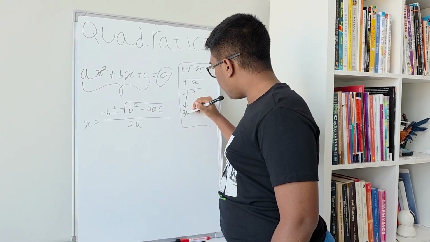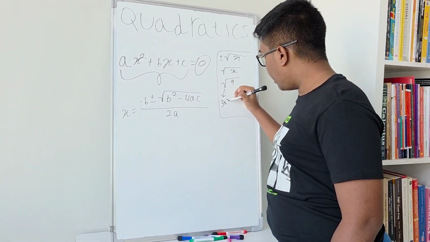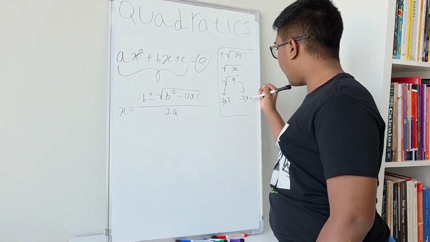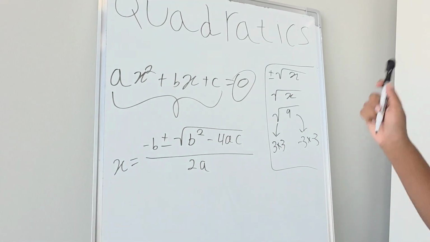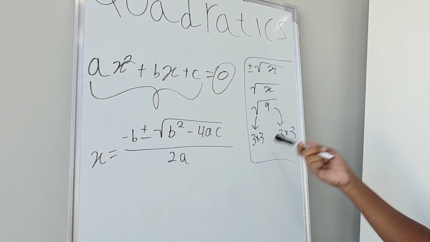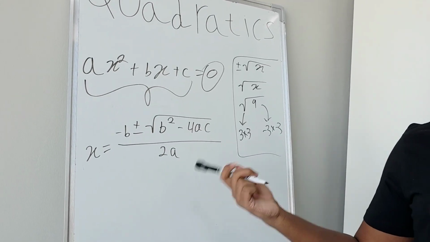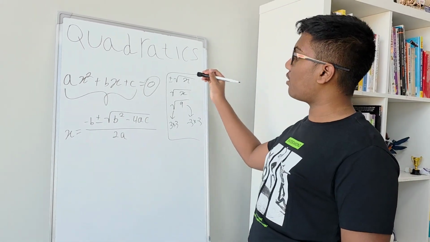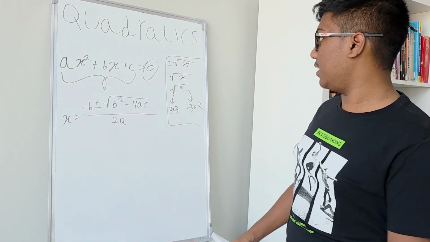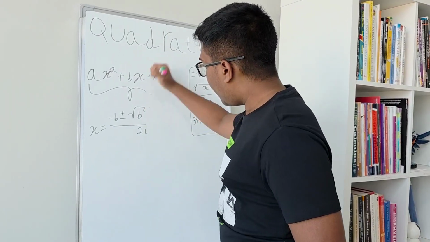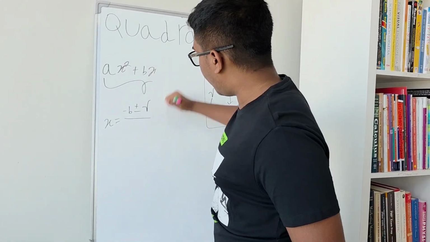Either 3 times 3 or minus 3 times minus 3. So by adding the plus or minus, we can ensure that both these answers are represented equally. Alright? So this is why we add plus or minus to the formula. Right now, we are going to go and solve a practice question with this.